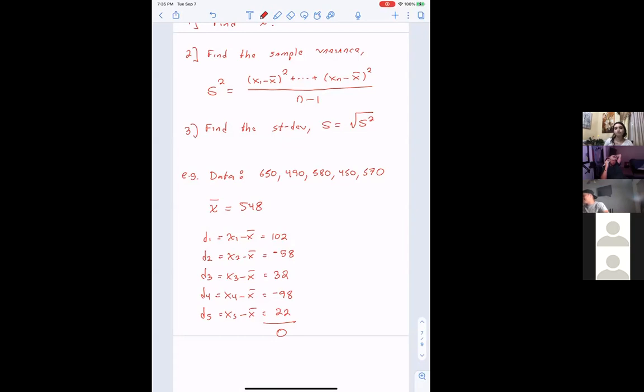So what we're gonna do now is we're gonna square each of these deviations. So we have D1 squared, D2 squared, and so on. What's the first one squared? 10,404.